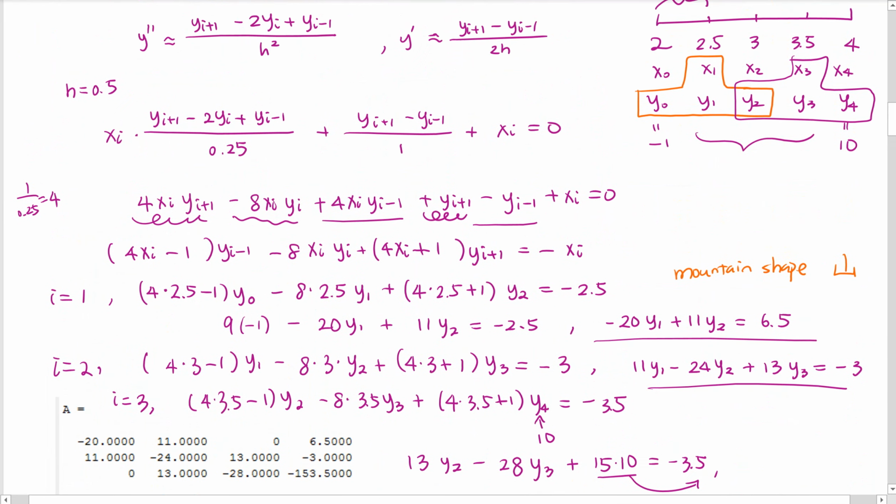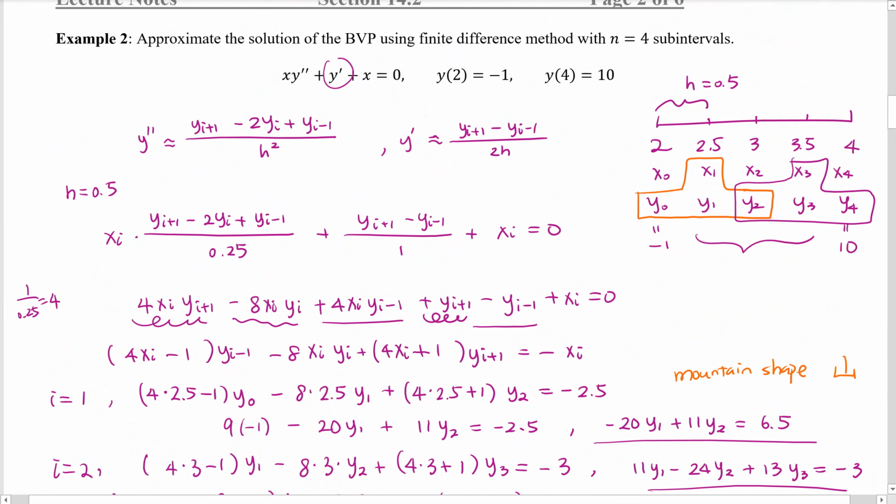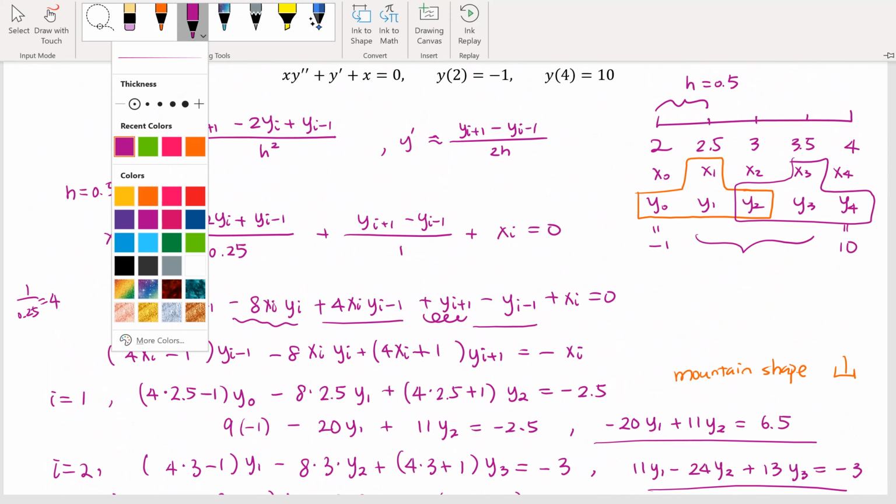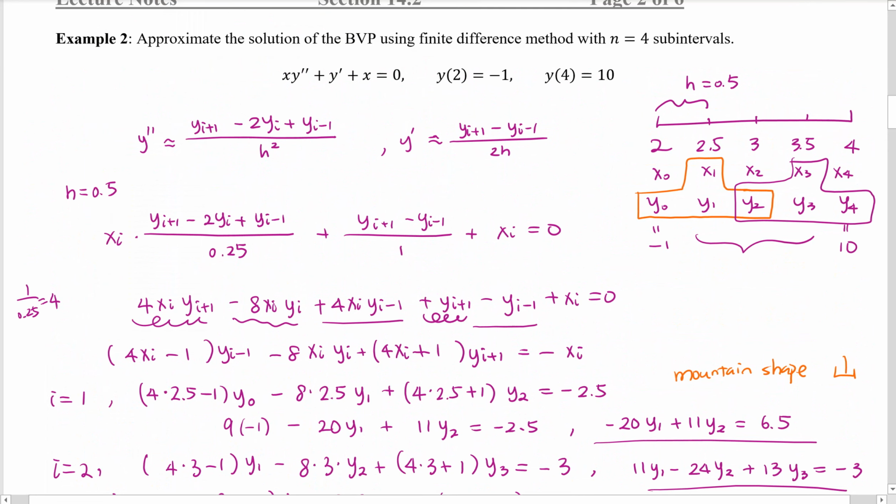Remember, if you want to see P, Q, R, you have to solve for y double prime. So x y double prime equals minus y prime minus x, right?